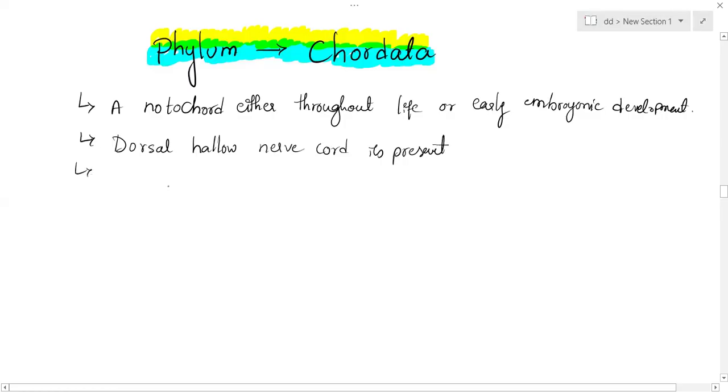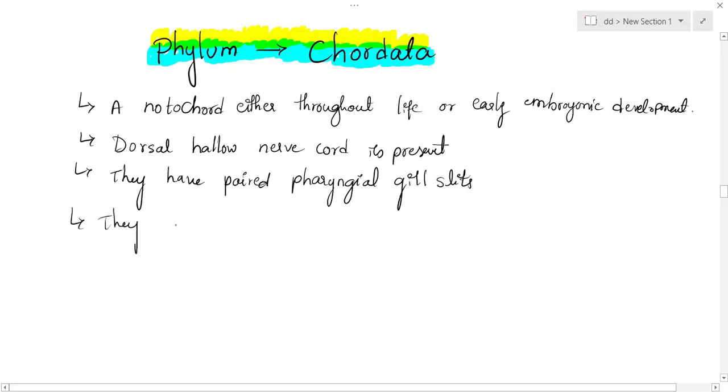And they have paired pharyngeal gill slits. At the anal end, they have a post-anal tail.